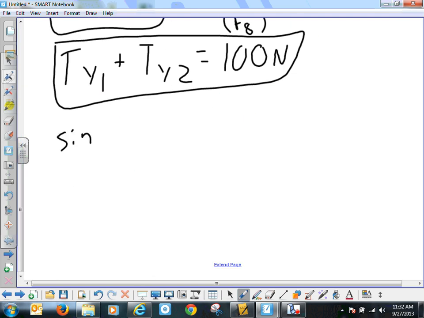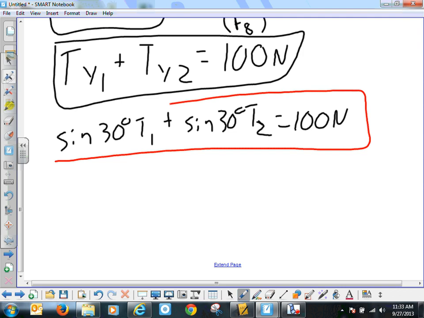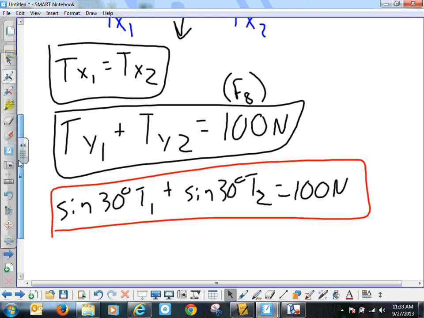So sine 30 T1 plus sine 30 T2 equals 100 newtons. Okay, so we've taken our formula and we've made it a little bit more workable, right? But we still have two variables. So now what do we do? Well, you go up to this, Tx1 plus Tx2, and you can maybe put that into a more workable situation.